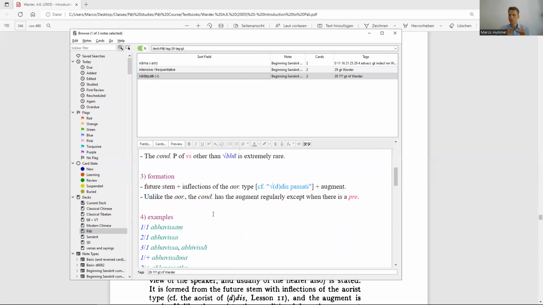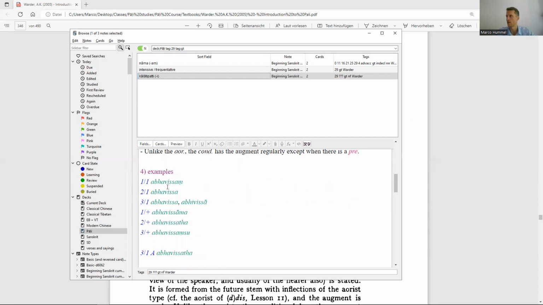So the conditional is formed from the future stem and then the inflection of the aorist type, and then we even put the augment in front. Unlike the aorist, the conditional has the augment regularly, except when there is a prefix.